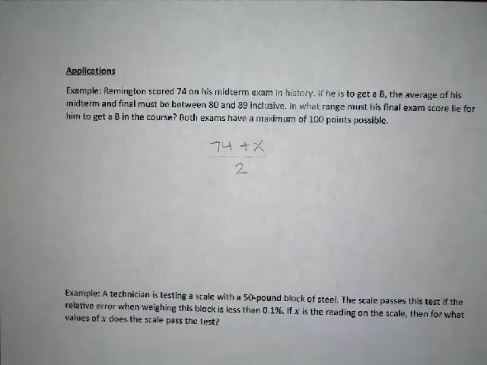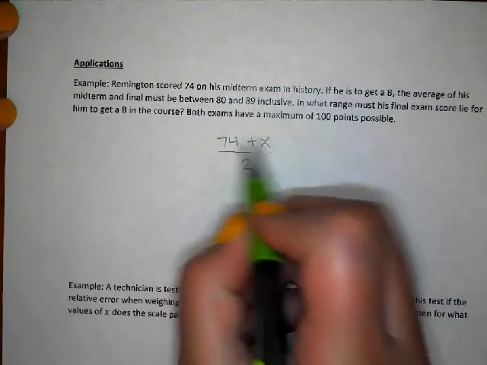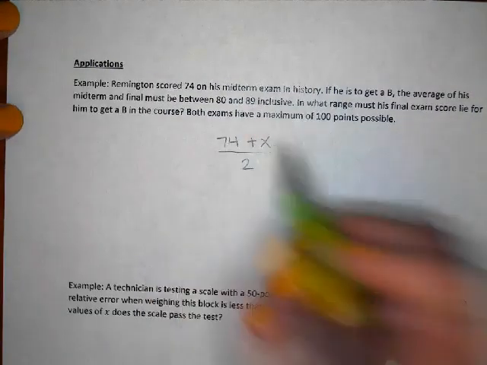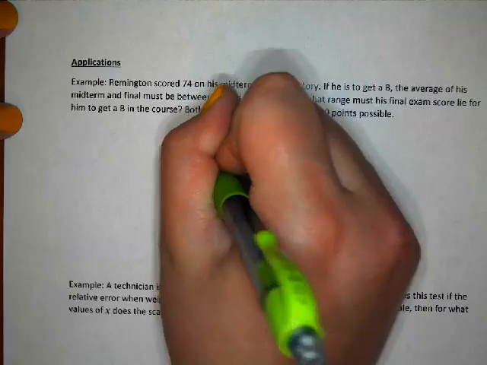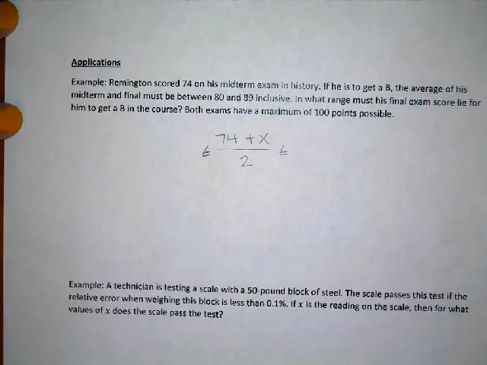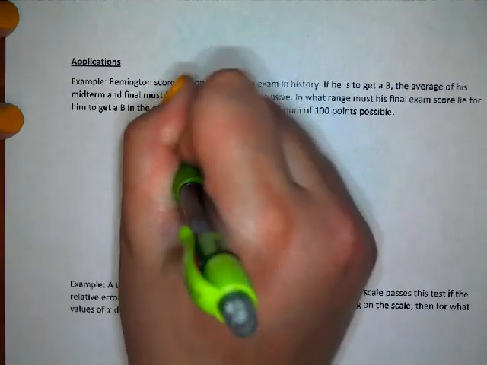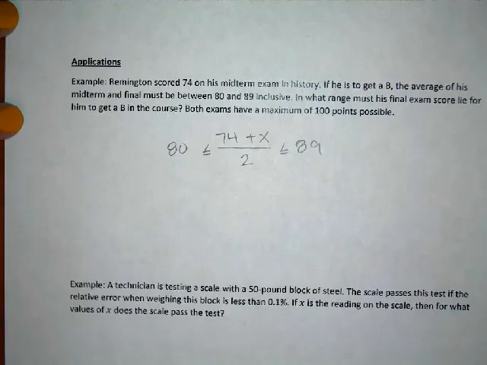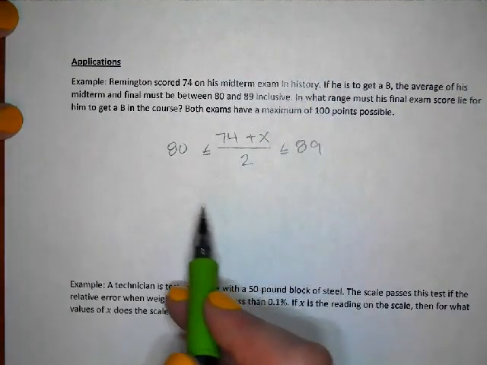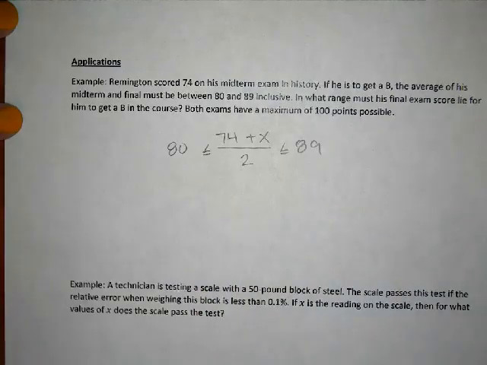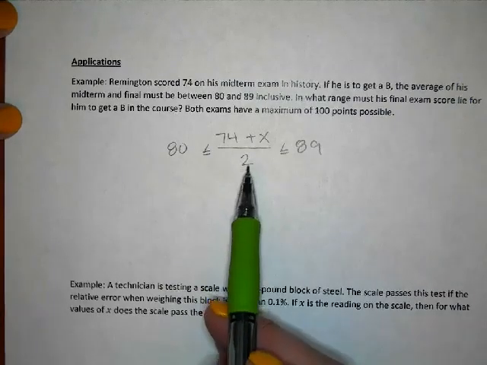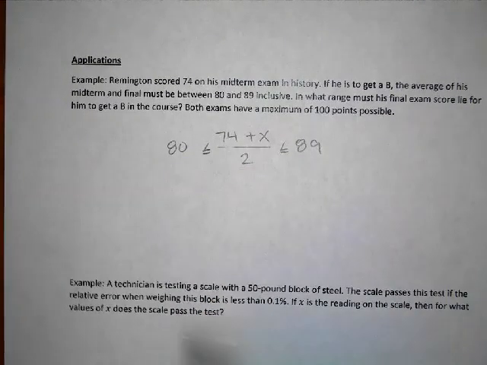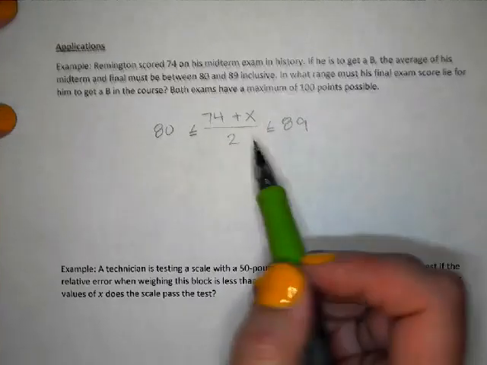So we want his average score between his midterm and his final to be in between 80 and 89, sandwiched between those. So I'm writing a compound inequality because I have two options, and I'm writing it as a sandwich because it's going to be between those two options. And now I'm going to go ahead and solve.